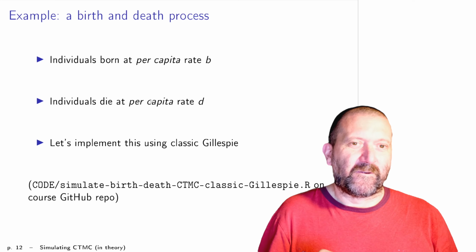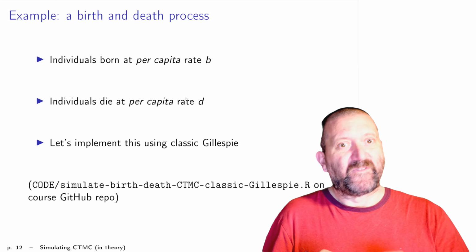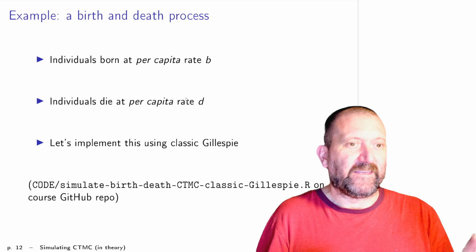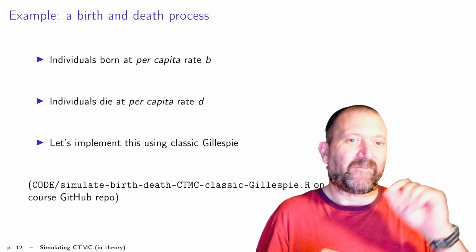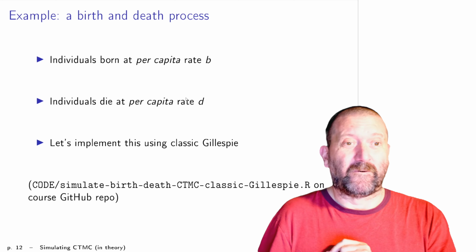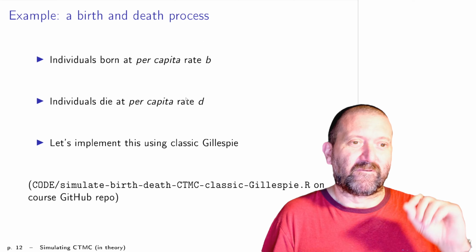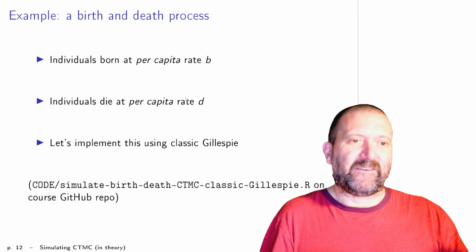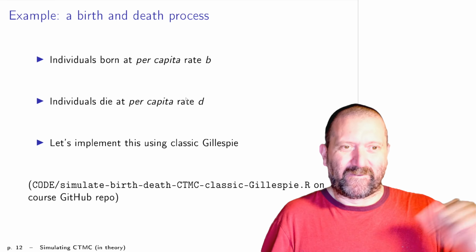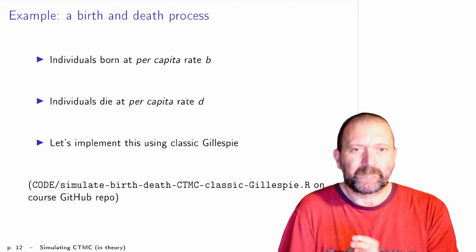And the death rate is per capita, at the rate d. So that means the differential equation for that system is n prime equals b minus d times n of t.